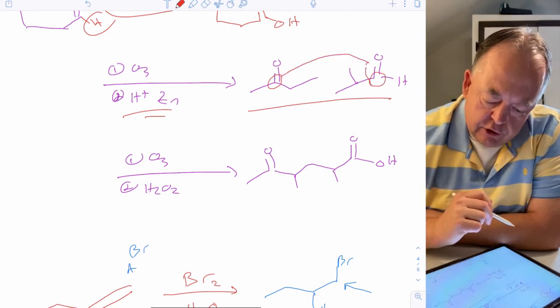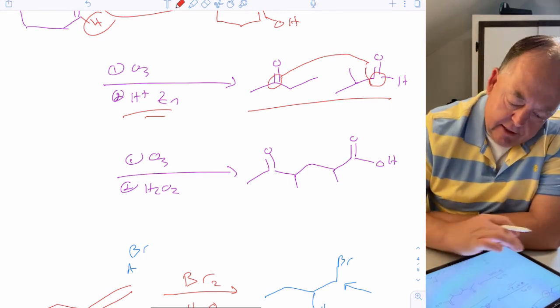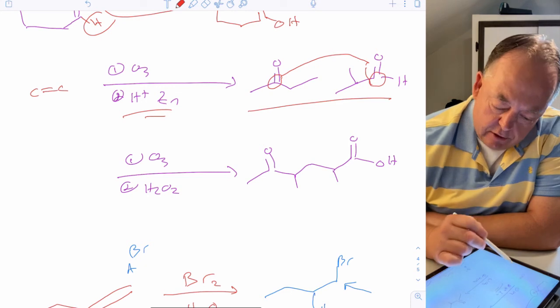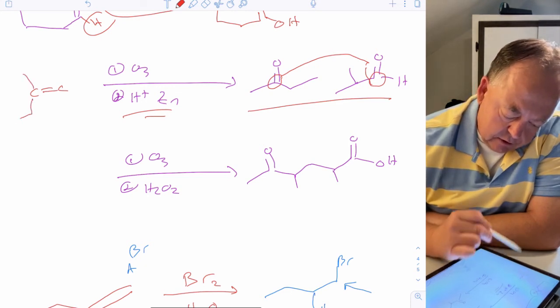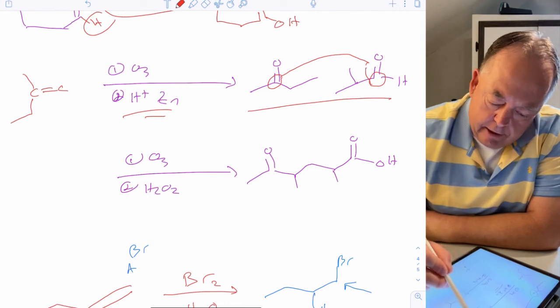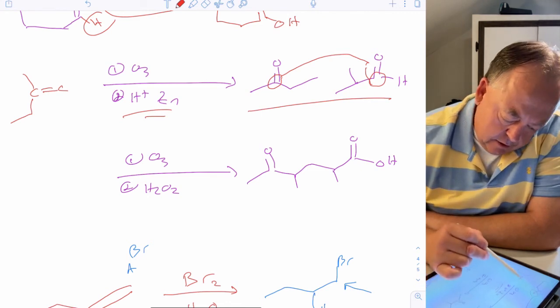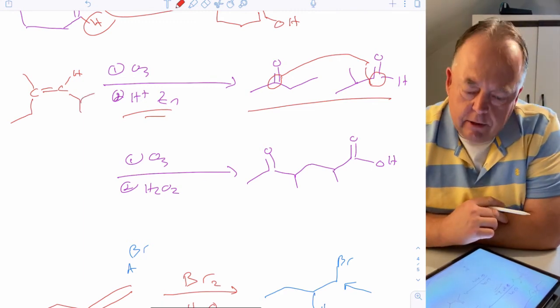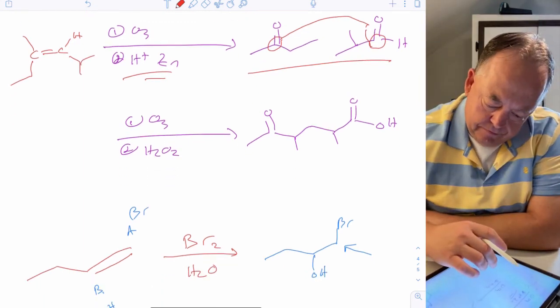So those 2 carbons used to be double bonded to each other. So if we work backwards, just take those 2 carbons and double bond them to each other, and whatever's attached to those carbons is still there. So you had a methyl and an ethyl on one, and on the other you had a hydrogen and an isopropyl. So that would have been the alkene that you started with.